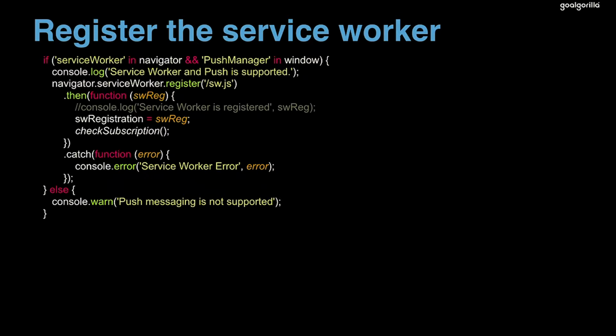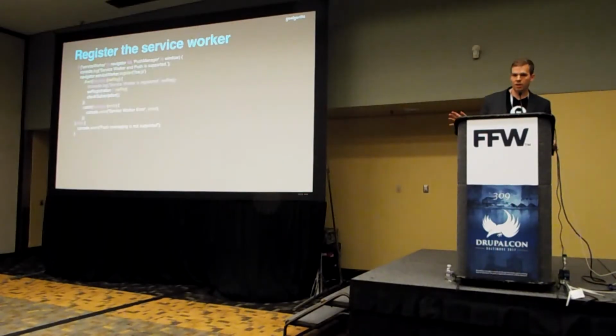I think Safari doesn't support it yet, so that's why we do it like this. If it's available, we try to register a new service worker. We do that by registering a JavaScript file, in this case sw.js, serviceworker.js, and it will return a promise. If it's successful, then we can continue to the next step. If not, then unfortunately your browser probably doesn't support it.